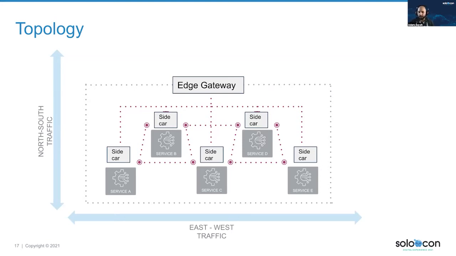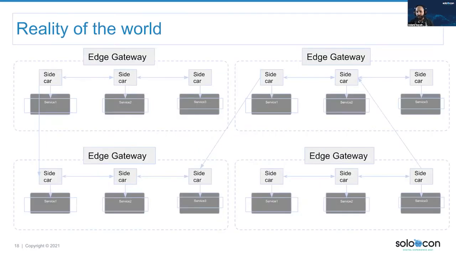Now, this is not really the reality, because a lot of companies have different clusters, and they have service-to-service communication across clusters. In this sense, where is the north-south traffic and where is the east-west traffic? It's all together, right?